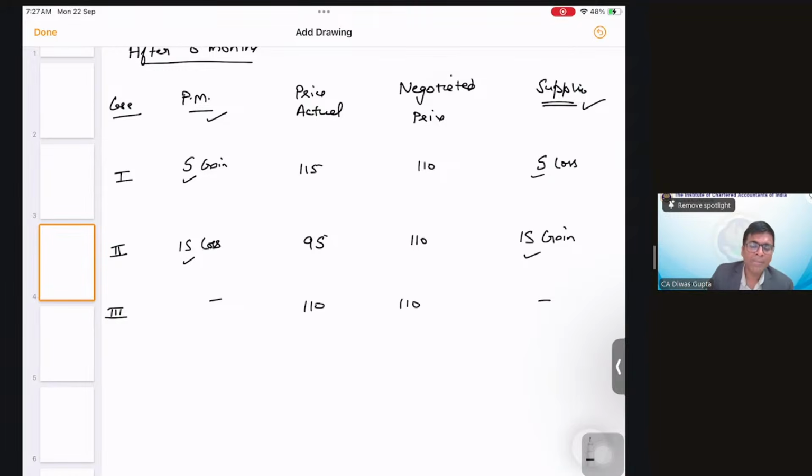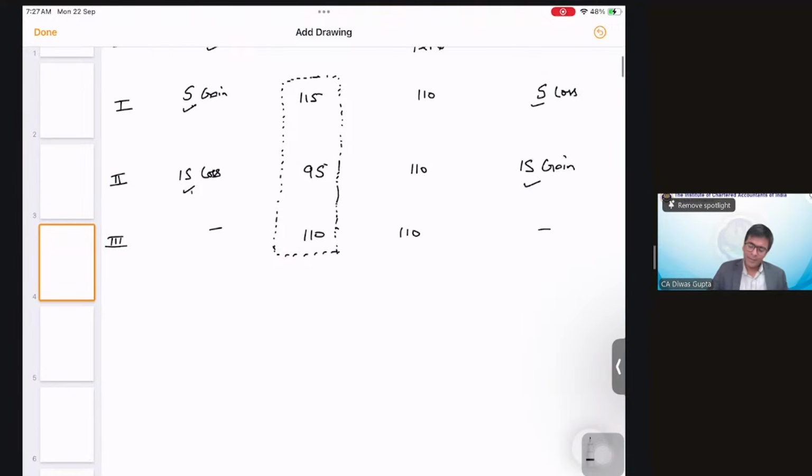So that's how the pricing of this forward contract is getting derived. And what is the element here? This one. So this 115, 95 or 110 is actually taking its value to 5 rupees gain, 15 rupees loss or nil or whatever the case may be. So that is where it is called a derivative. Clear?